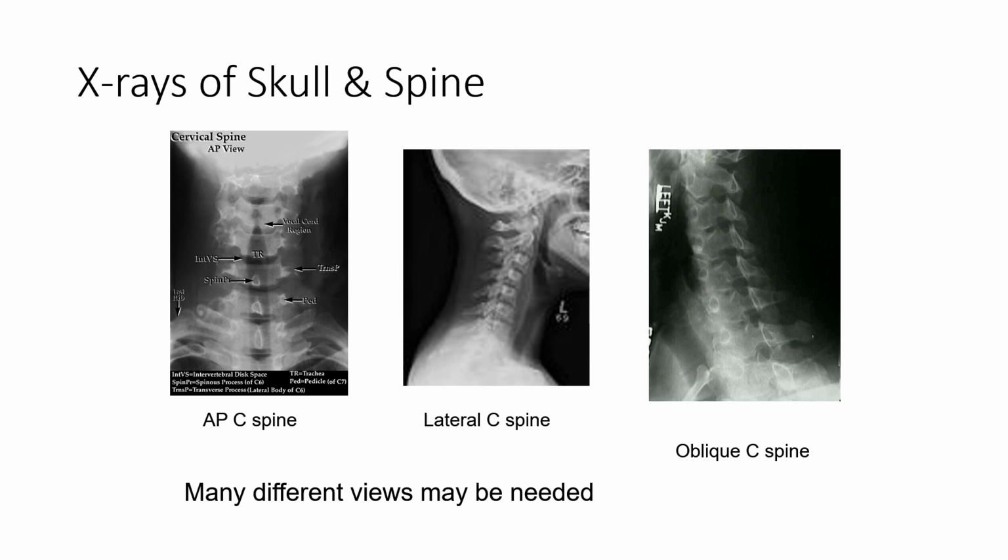But with any kind of head injury or multiple trauma, you must first rule out that there is no C-spine injury that could be potentially pressing the spinal cord or damaging the spinal cord. So we will be getting some just plain old x-rays, but usually several views.